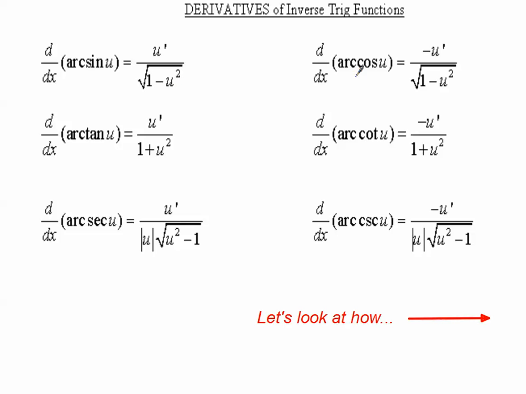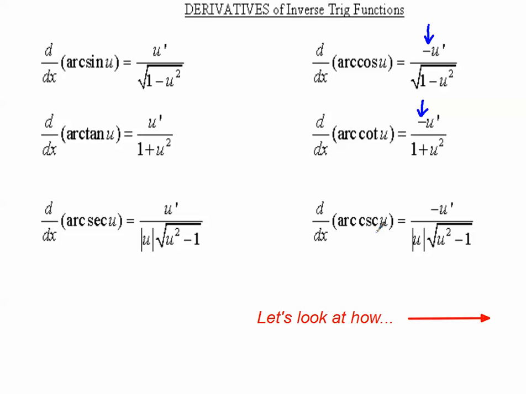Its counterpart, arccosine, its cofunction, is basically the same thing, but notice what's different: the negative. Arctangent's derivative is u prime over 1 plus u squared. Well, arccotangent, same but negative. Similarly, the derivative of the arcsecant of u is u prime over the absolute value of u times the square root of u squared minus 1.